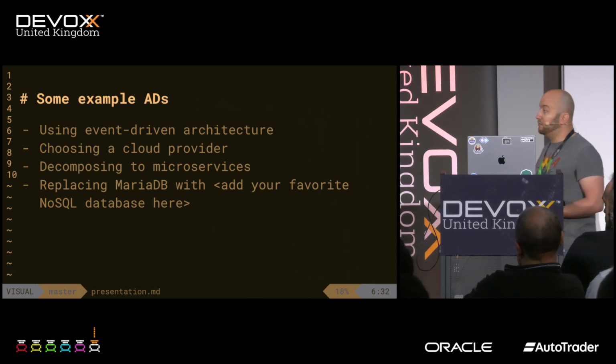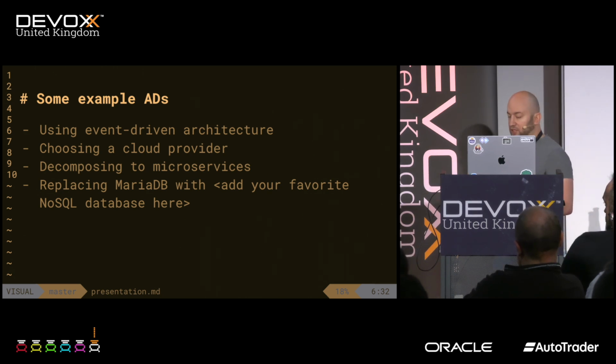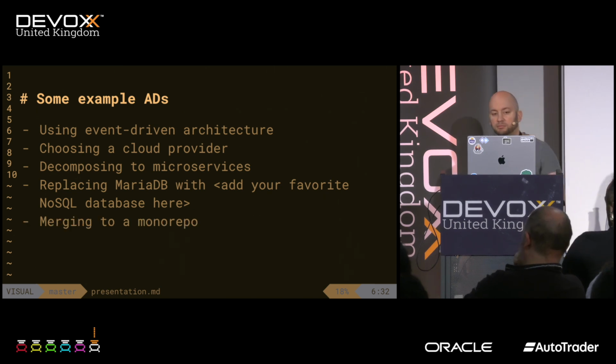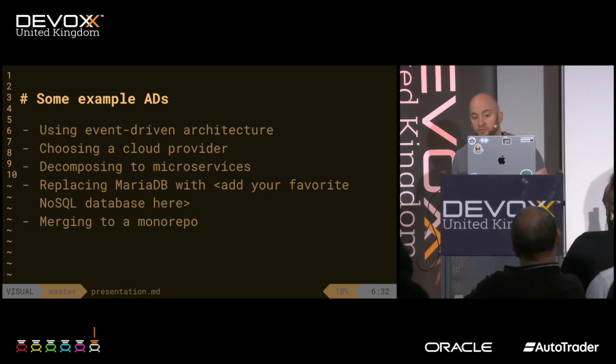Let's replace MariaDB with whatever NoSQL database. Some might argue, but even with a well-layered architecture, it can be painful, especially migrating all the existing data. Let's say merging to a monorepo. Good luck migrating commits, rethinking processes, Git flow, and pipelines.